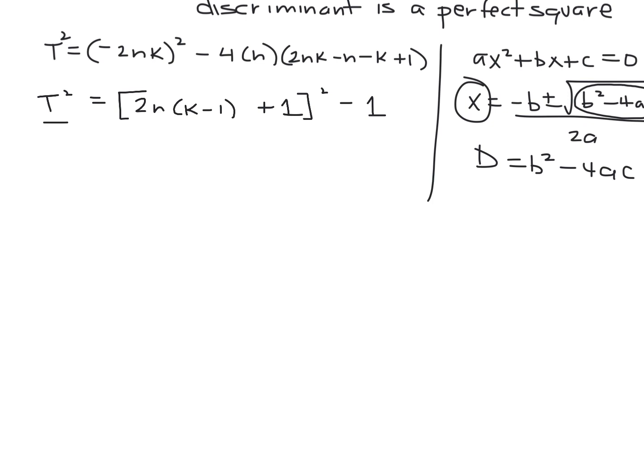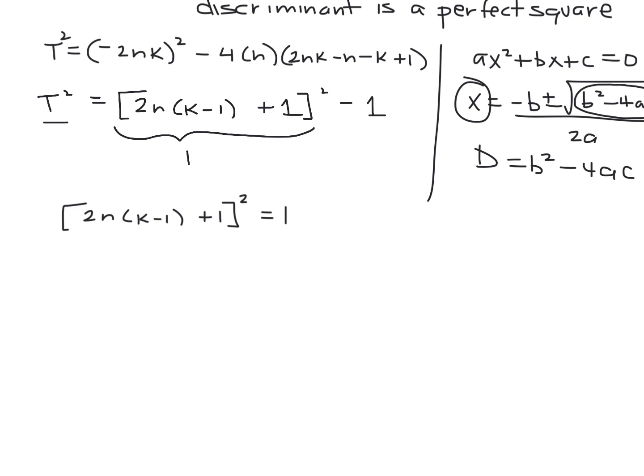Now, the only way this would work is if a couple ways. The first way is if this part of the expression is equal to 1. So that would mean that 2n times k minus 1 plus 1 all squared is equal to 1.